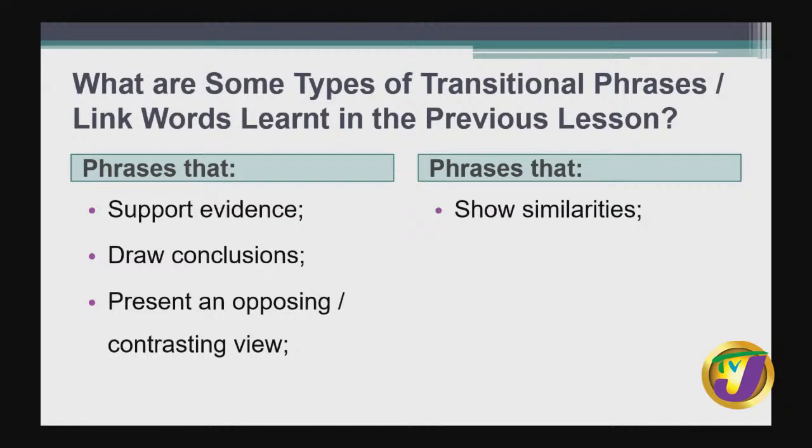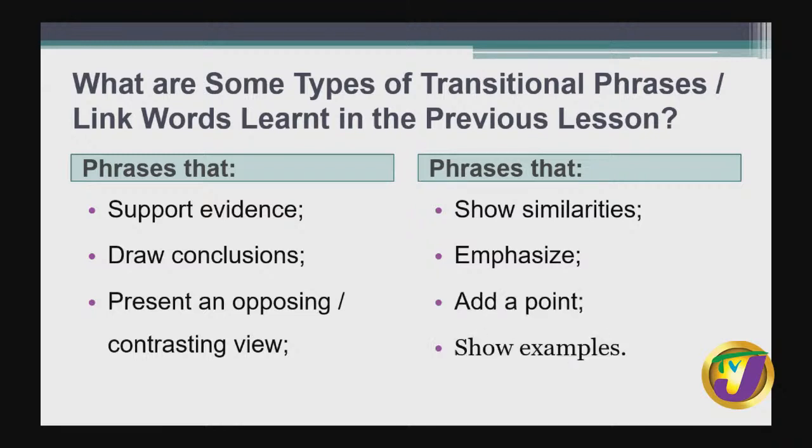Then they also show similarities. They emphasize. And they add a point. And of course, they show examples. So those are the ones you saw in our last lesson. So keep those in mind because there will be a session later on where this will come in handy.